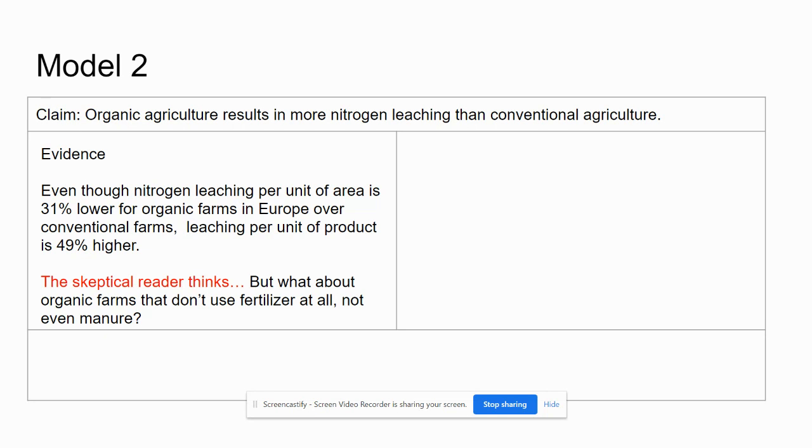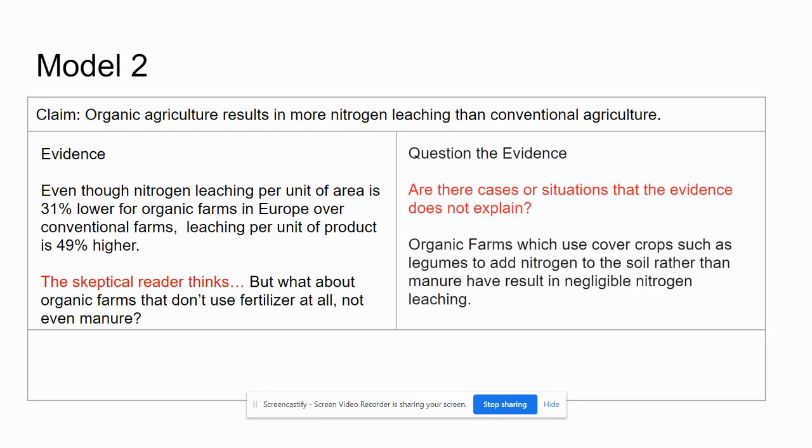Now, a skeptical reader might think, but I think I've heard of organic farms that don't use fertilizer at all, not even manure. So if we think about the question, are there cases or situations that the evidence does not explain? We do our research and we discover that if an organic farm uses cover crops to add nitrogen to the soil rather than manure, then the nitrogen leaching is negligible.